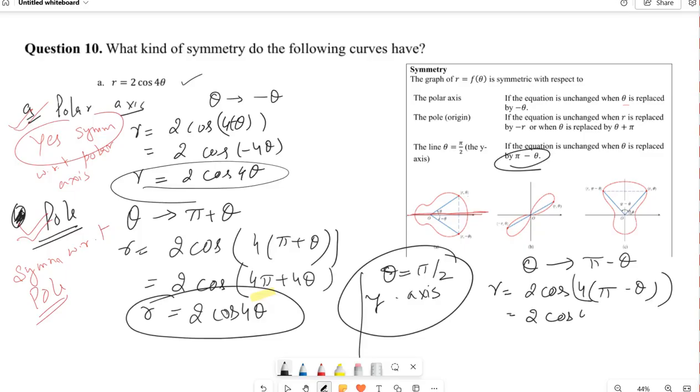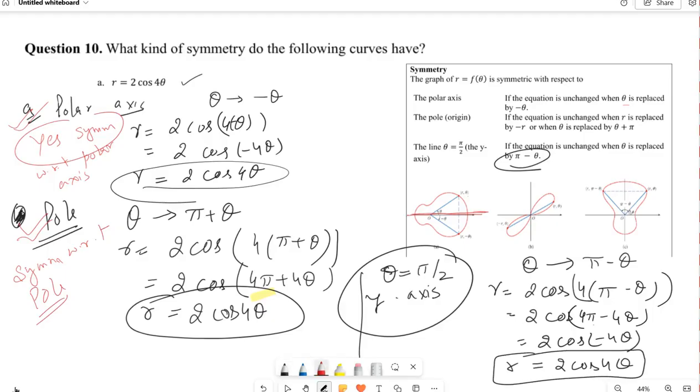That is 2 cosine of 4 pi minus 4 theta. Because 4 pi added to this should be the same as negative 4 theta, because 4 pi is 2 revolutions and cosine is periodic with 2 pi. And cosine is even, therefore that should be the same as 2 cosine 4 theta. So we get back the same equation, therefore we have symmetry with respect to the y-axis also.